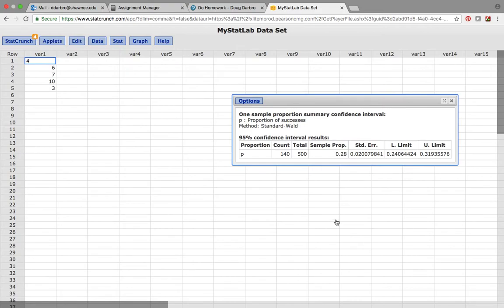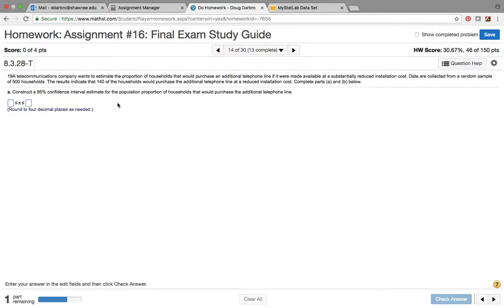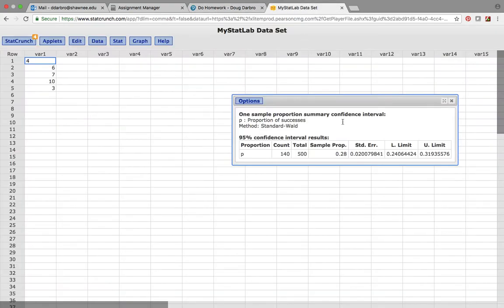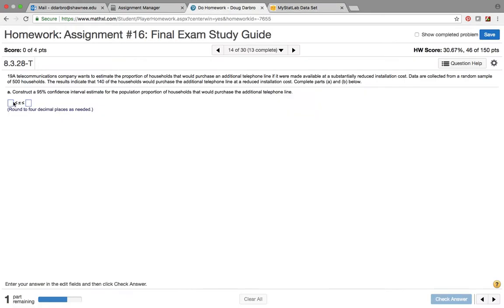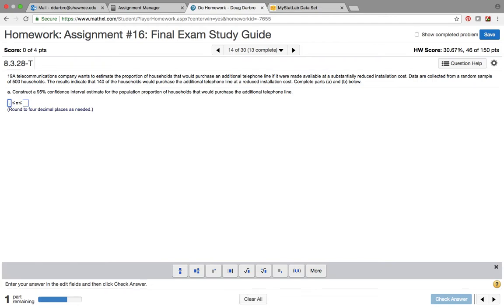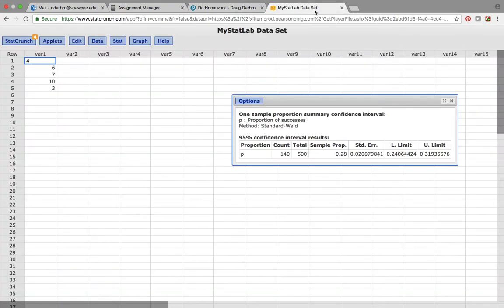So it looks like we have, again, let's not get caught up on a little technicality here, round to 4 decimal places as needed. So we have 0.2406. And the right bound will be 0.3194.